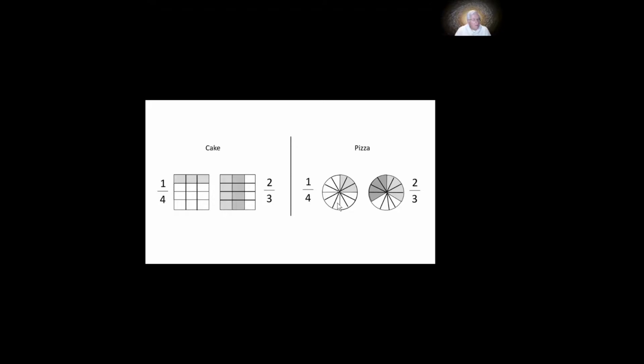And here's where the pizza starts fading as being a good model, because in order to share with 4 and then also to share with 3, we have to take each of these 1/4 pieces and share each of them with 3 parts. And likewise, we have to take each of these 1/3 pieces and share each of them with 4 parts.